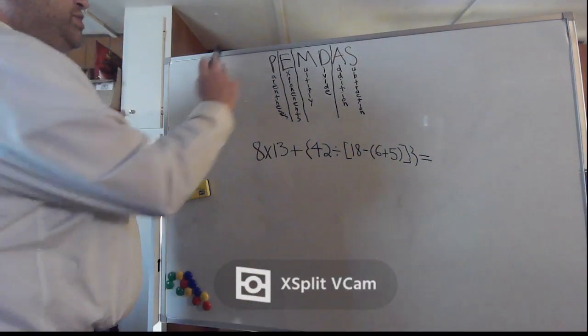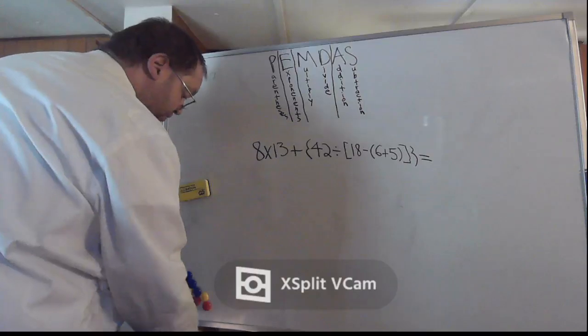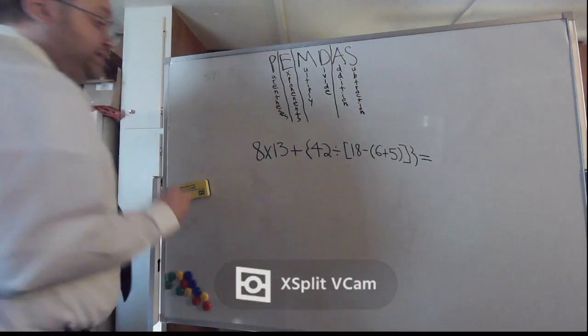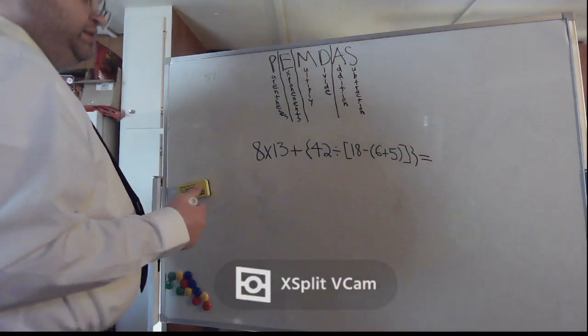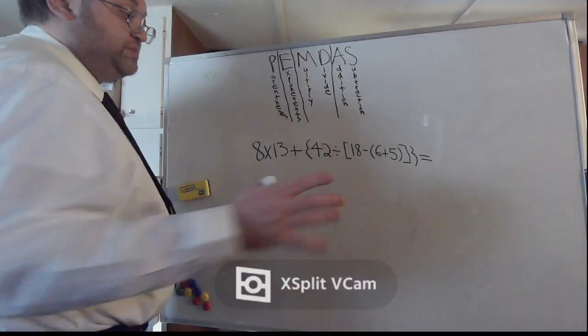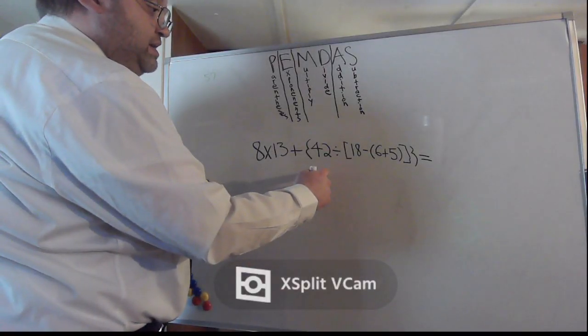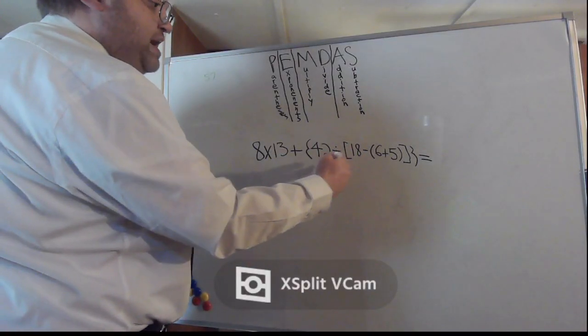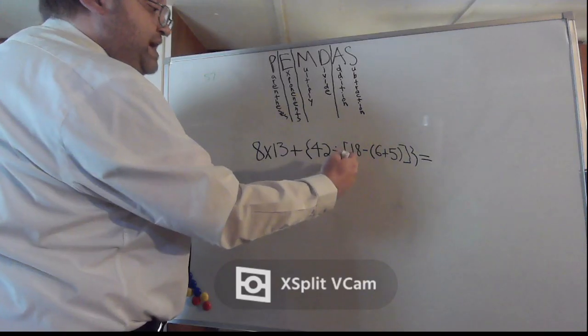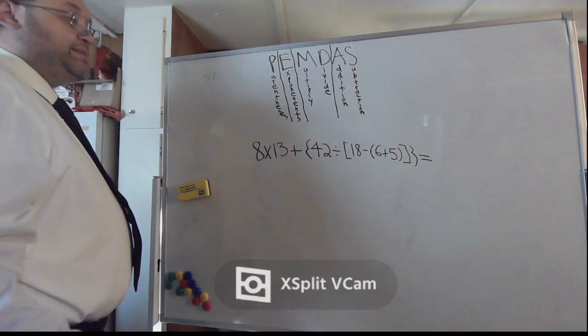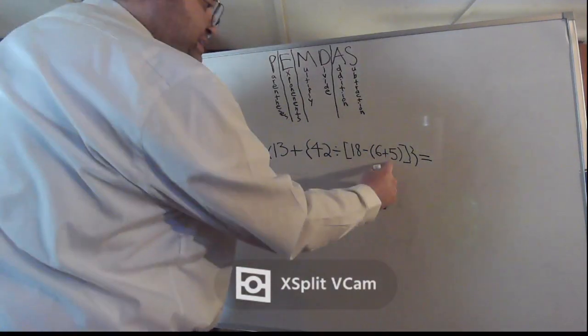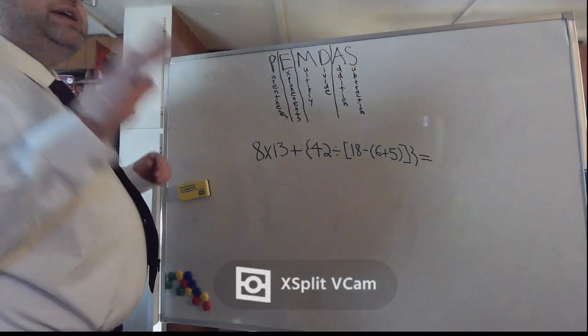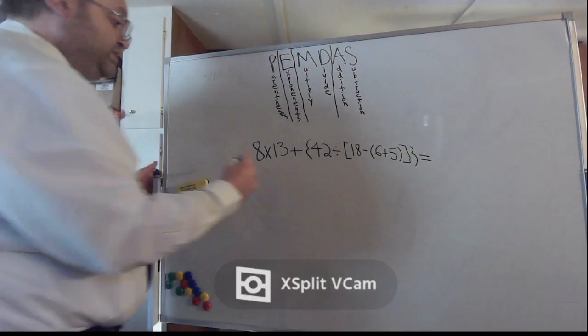Again, starting with your rules of order of operations, you'll start with your parentheses. So you have brackets which function as parentheses. You got brackets inside of those brackets, and you have parentheses inside of the brackets inside of the other brackets. These are called nested parentheses. You start with your innermost parentheses first.